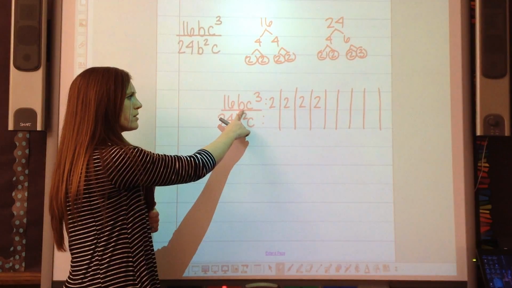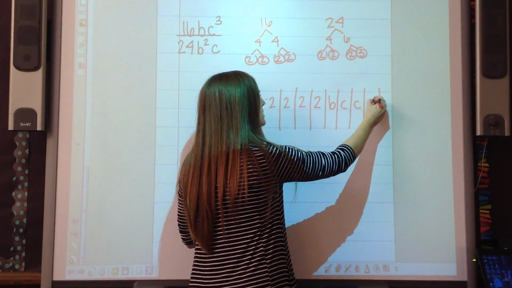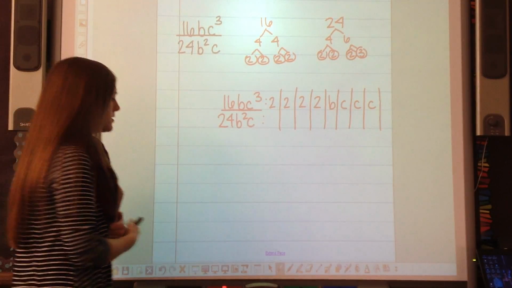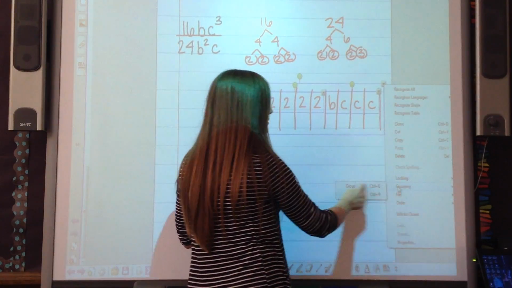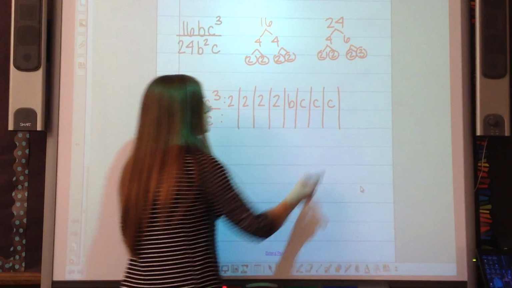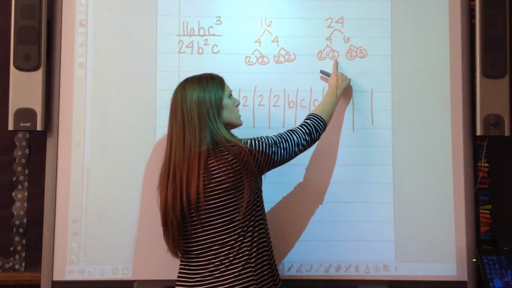And then I'm going to expand the variables. I have b times c times c times c. And then 24, doesn't look like I have enough columns. So we move this over. 24's factors are 2 times 2 times 3.